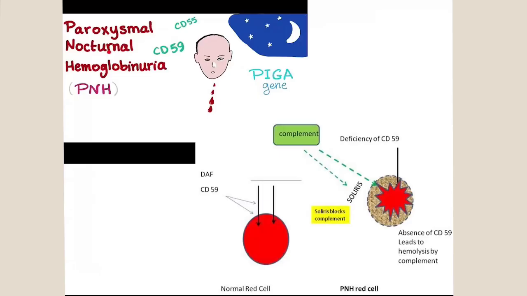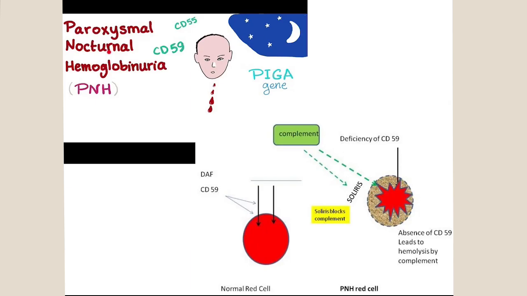Now paroxysmal nocturnal hemoglobinuria can present as classical PNH with bone marrow disorders or as subclinical PNH. Classical PNH is the one that presents with hemolysis. So the initial test for a patient with PNH with hemolysis is flow cytometry.